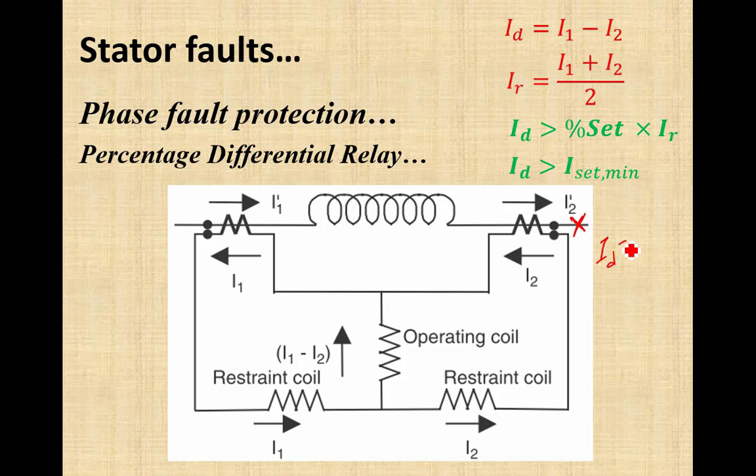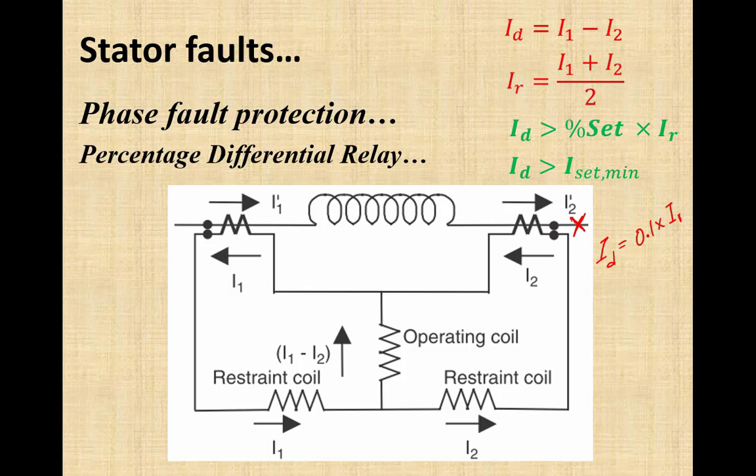ID will be equal to, if we assume that these two CTs are ideal, 0 ampere. And if we assume that these CTs are producing maximum error which is not more than 10% according to IEEE standard, CT will be selected accordingly, so we can say that is 0.1 of I1, 10% of this fault current. Okay, this is the value of ID in case of external fault.